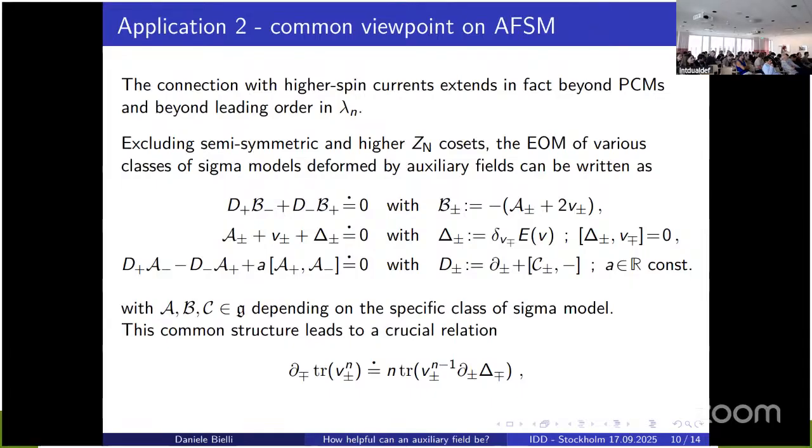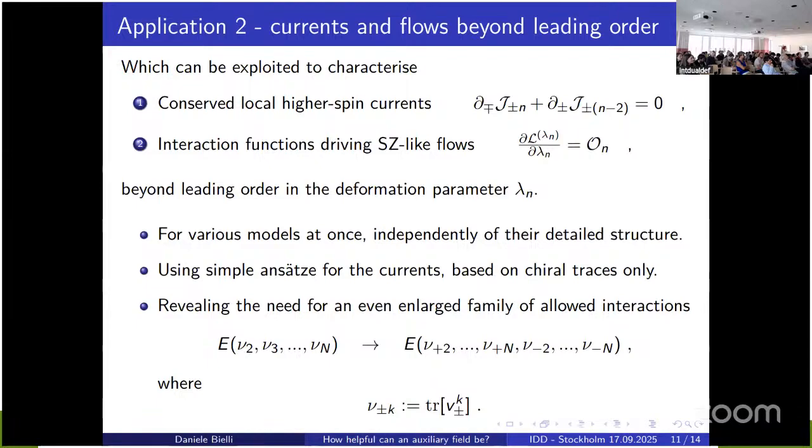This relates derivatives of the trace of the n-th power of the auxiliaries with derivatives of delta, the variation of the interaction function. And these objects appear when we compute the higher spin currents.